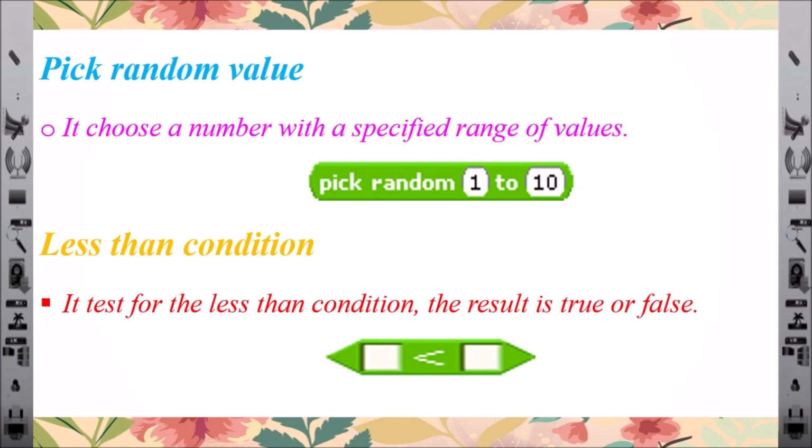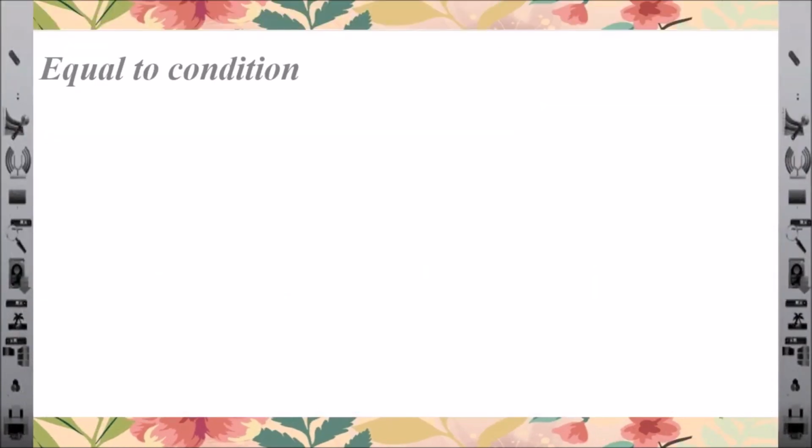Then next one, the equal to condition. If you set a condition where the right hand side and left hand side values are equal, the condition is satisfied and the result is true.